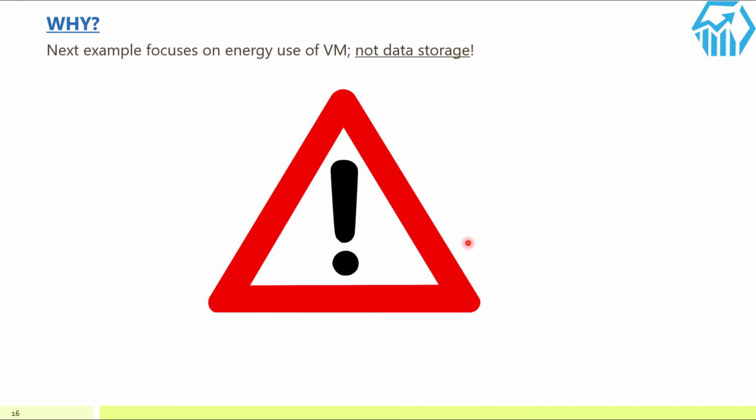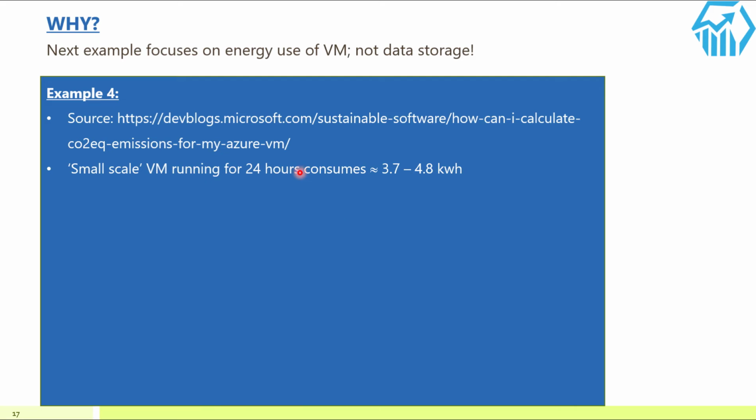If we have a look at the energy that is consumed while running the machine, then things are different. Here I found an article on the dev blogs from Microsoft, where they make a comparison of different VMs that run for 24 hours. And based on their settings, they consume between 3.5 to almost 5 kilowatt hours for 24 hours.